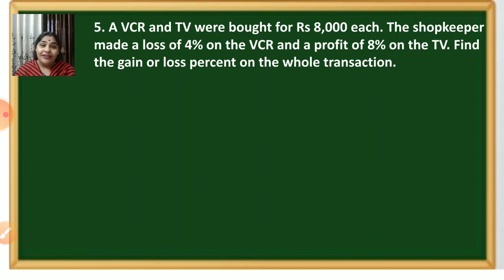Now once we have the total cost price and total selling price, we can compare the cost price and selling price and we can say whether it was a gain or whether it was a loss. Once we have the loss or the gain, we can easily find the percent children. I hope the concept is clear. So let us proceed with the solution.